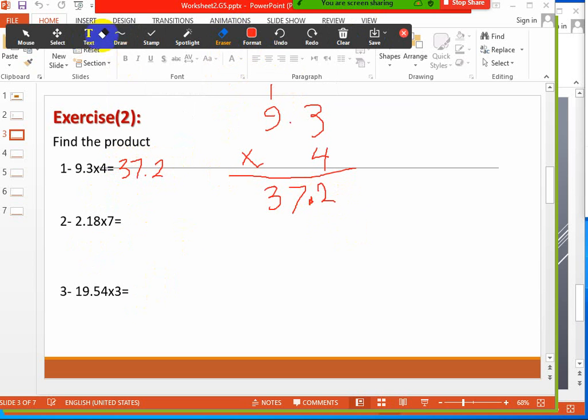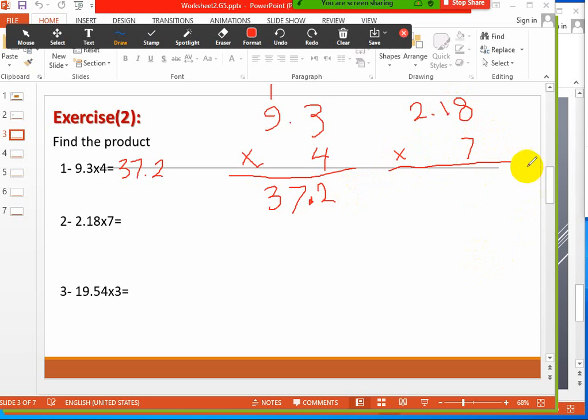Now, if I want to find the answer for the next one, 2.18 multiply 7. Who will help me here to find the answer? Let's start. Can you please help me on the chat, girls?